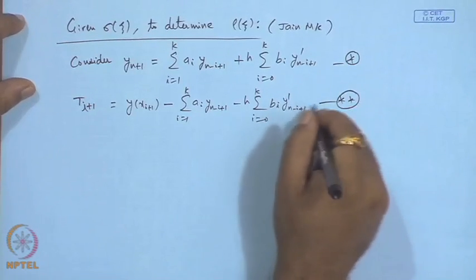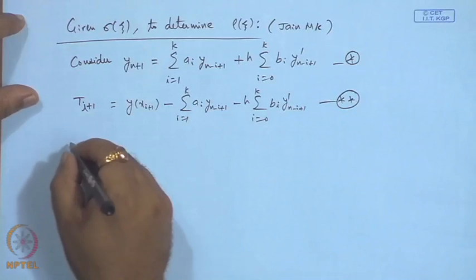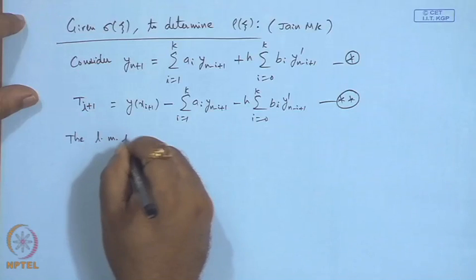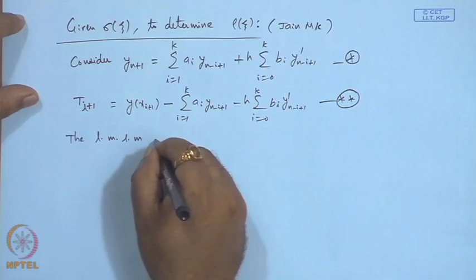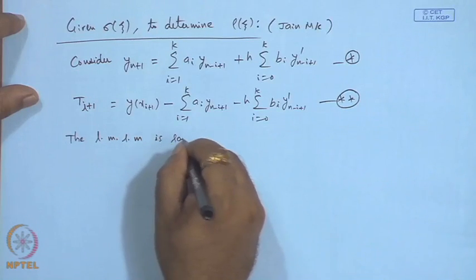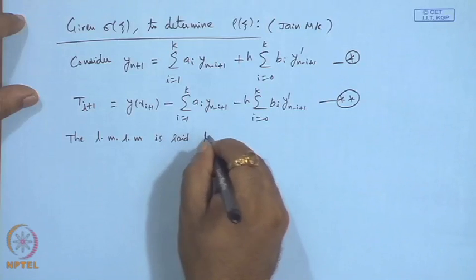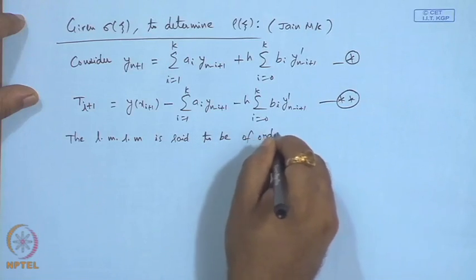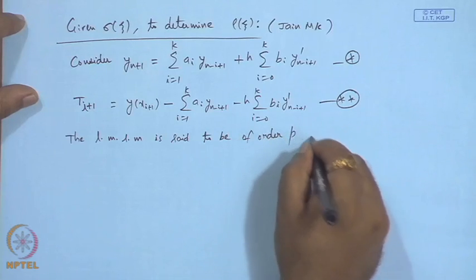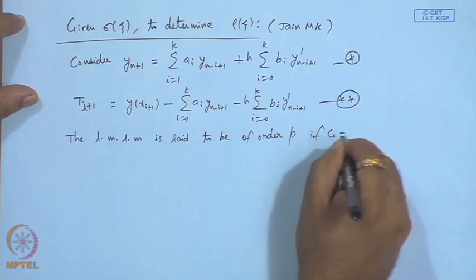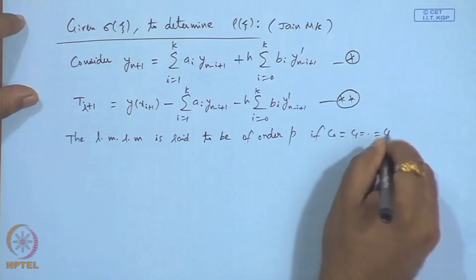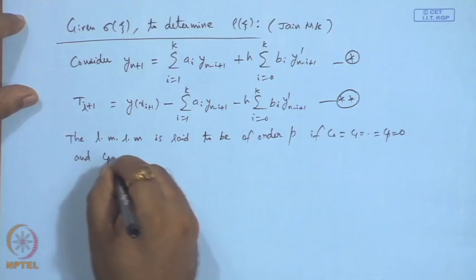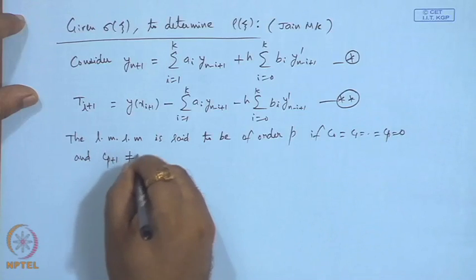Okay. Then recall this linear multi-step method is said to be of order p if this equals 0, okay.